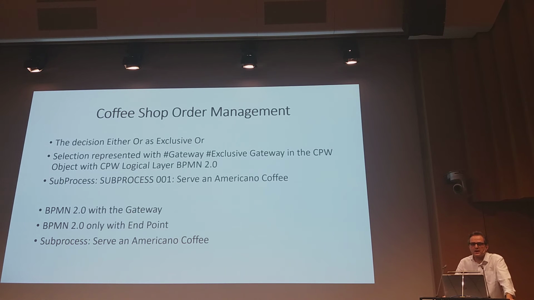So we have the decision either-or as exclusive or selection, represented with hashtag gateway, hashtag exclusive gateway in the CPW object with the CPW logical layer Business Process Modeling Notation 2.0. Sub-process 001 serve an Americano coffee. Then we have Business Process Modeling Notation 2.0 with a gateway, and with only an endpoint, sub-process serve an Americano coffee.